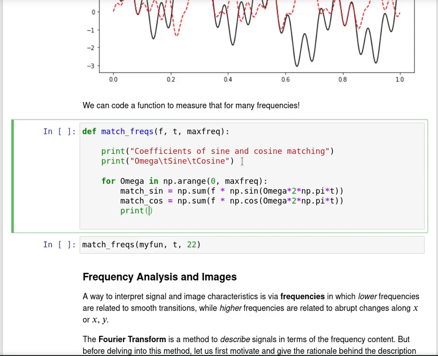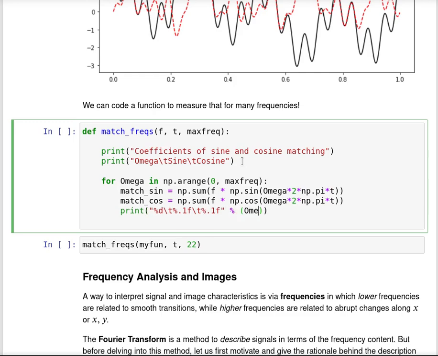So let's say that we have some frequency omega, and then I'm going to show first the sum of the sine, and then the sum of the cosines.